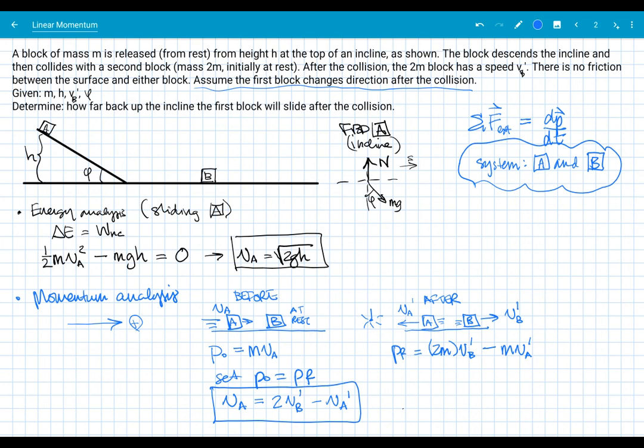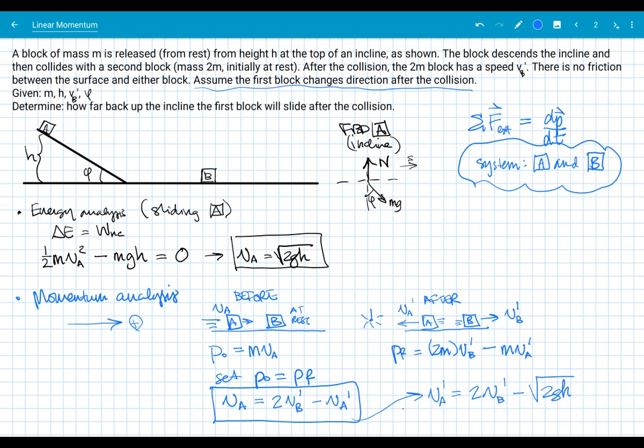I can do that, remembering that I already have an expression for VA from the first part, my energy analysis, in terms of givens. So then I can solve for VA prime, and that's going to end up being 2VB prime minus root 2GH. And remember that VB prime is one of my givens.